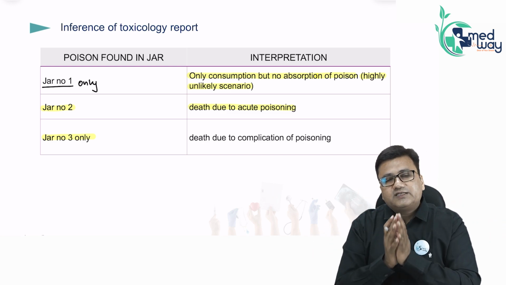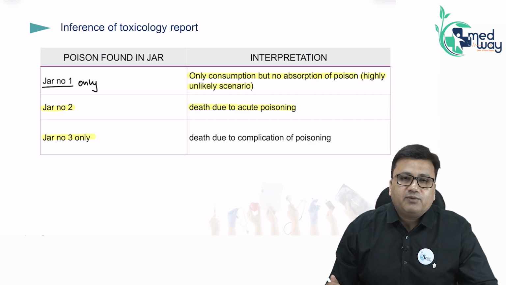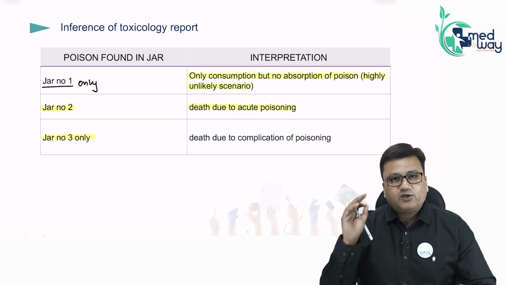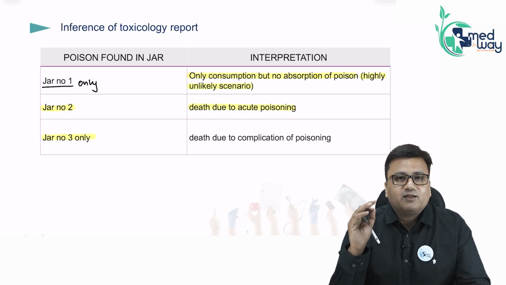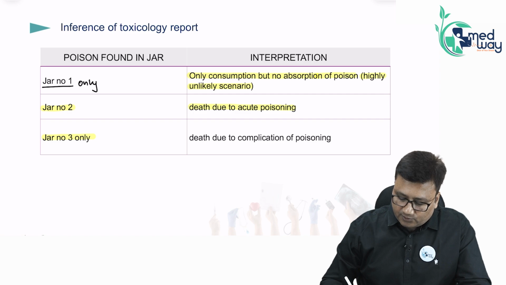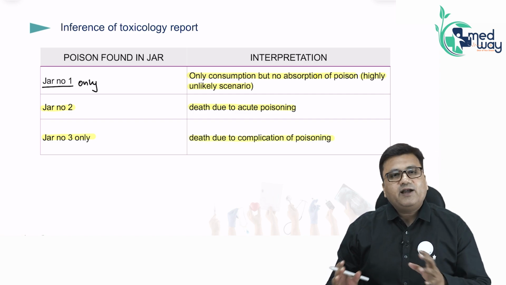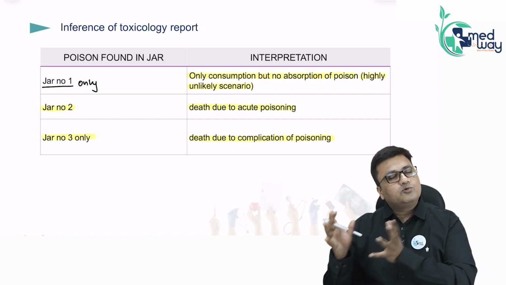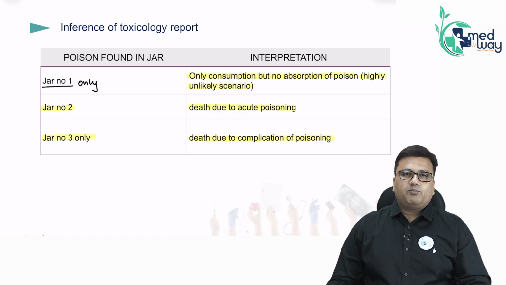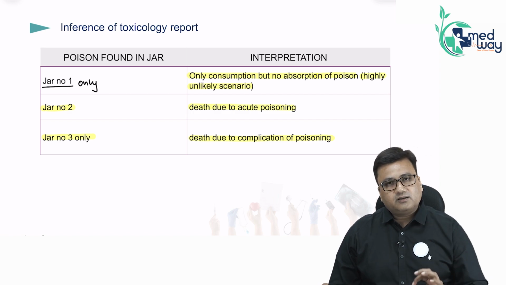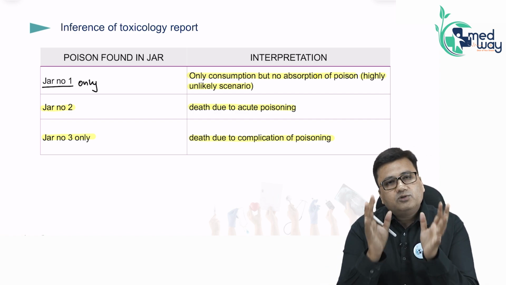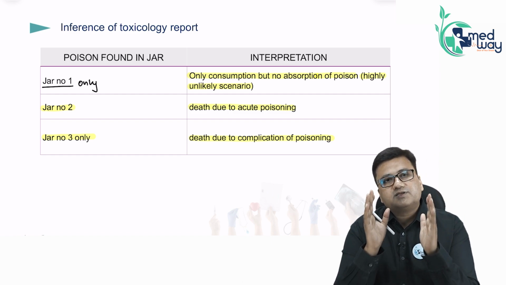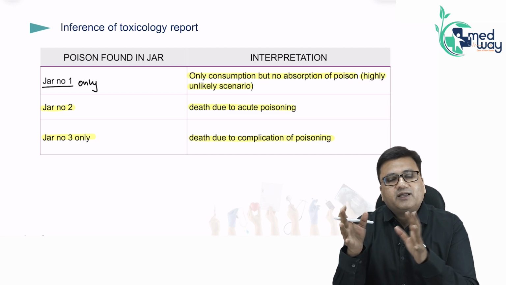So, that is why we just found the product in the eliminatory pathway, which means the person survived the acute poisoning by the product and he died due to delayed complication of that poisoning, right. And that is why the poison was only seen in the eliminatory pathway jar. So, depending upon how the report comes, the interpretation also changes, and that is why we preserve everything separately into separate jars, right.